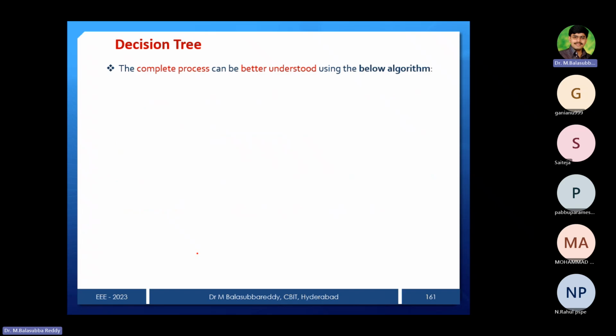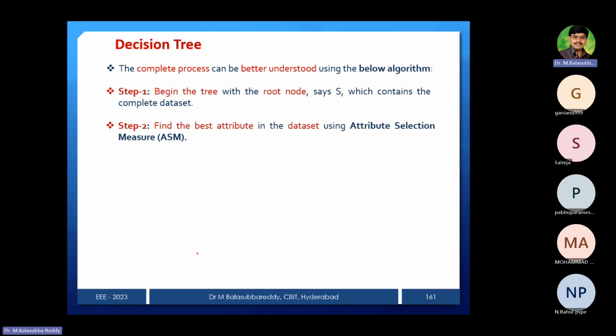Now let's complete the process and understand it better using the algorithm. There are different steps. Step one: begin the tree with the root node, say S, a symbol which contains the complete data set; any variable name you can use. This is the root node.